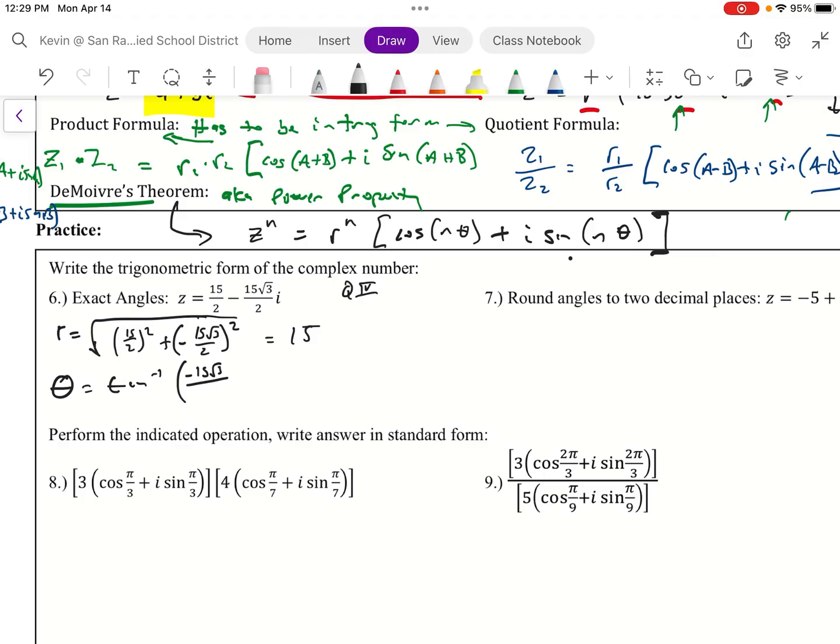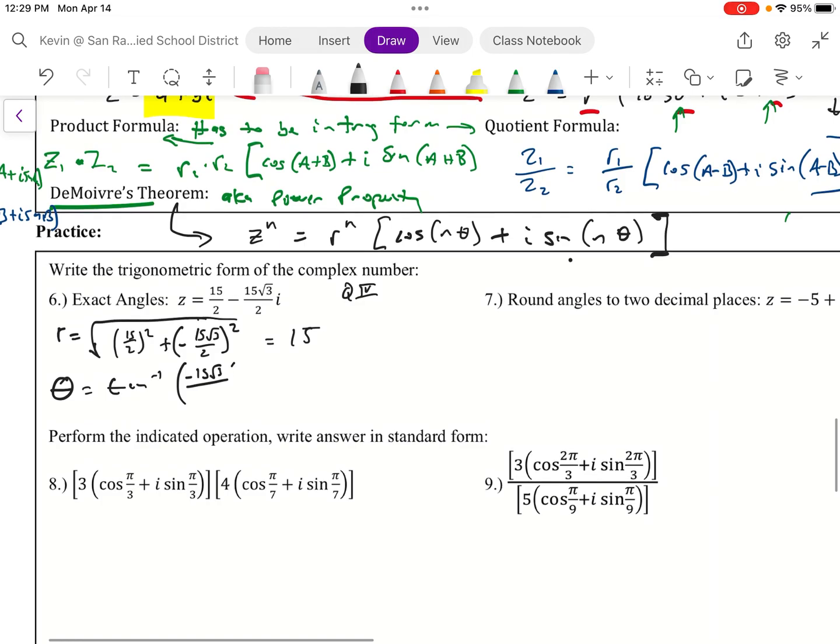negative 15 root 3 over 2. Oops. Yeah, so it's b over a, and this would be 15 over 2. Right, because it would be this value over that value. And when you put this in your calculator, you get 60 degrees.